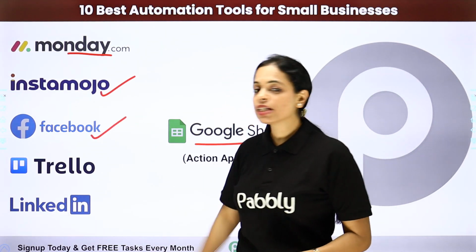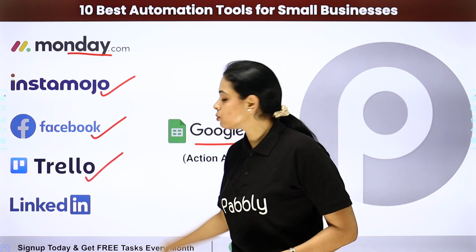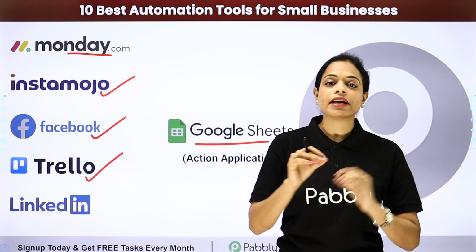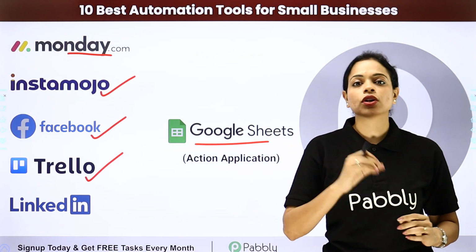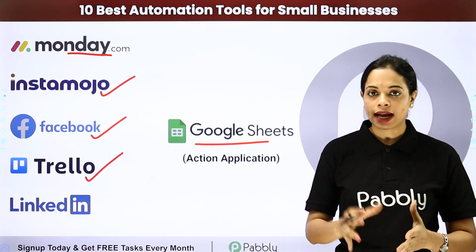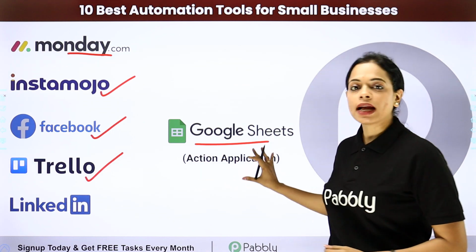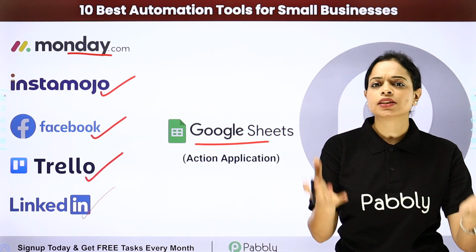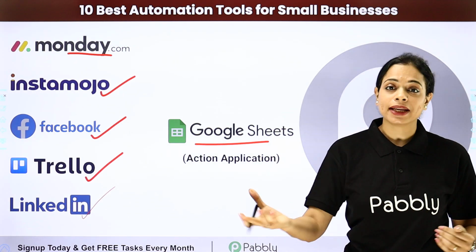Similarly, if you have received a new Facebook lead, or again Trello, which is a project management software, so here again every time a new task is created or new project details are added, the details would be added to your Google Sheet. And similarly LinkedIn or Pinterest, Instagram, etc.